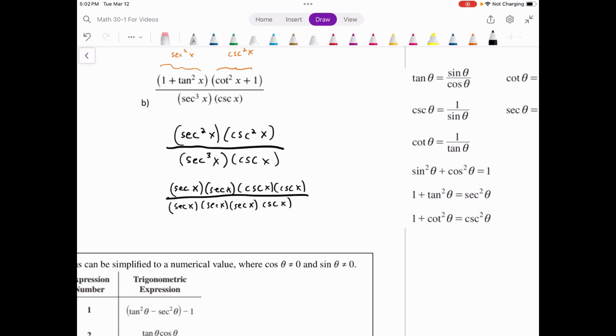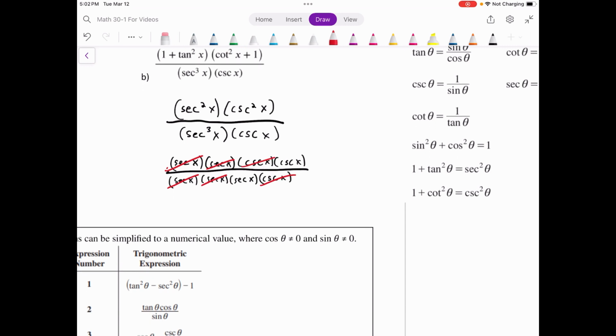All I'm doing there is showing the squaring and the cubing just to hone in on what we're canceling. So secant x over secant x is 1. Secant x over secant x is 1. Cosecant over cosecant x is 1. And this leaves us with cosecant of x over secant of x.